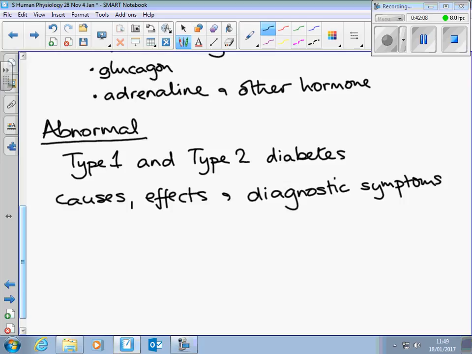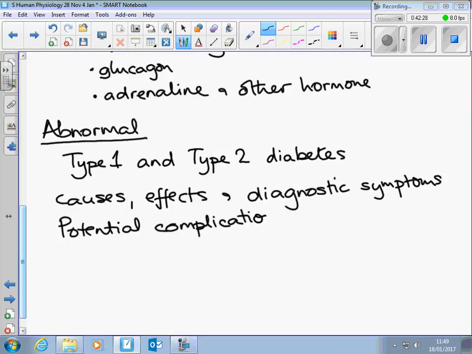The potential complications are really significant. Things like diabetic kidney, increased risk of heart attacks and things, so potential complications.